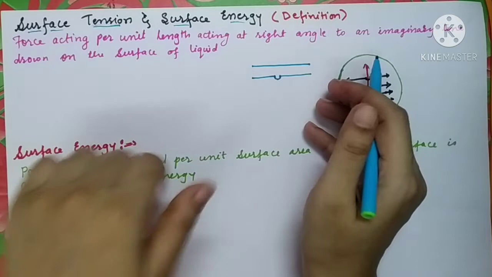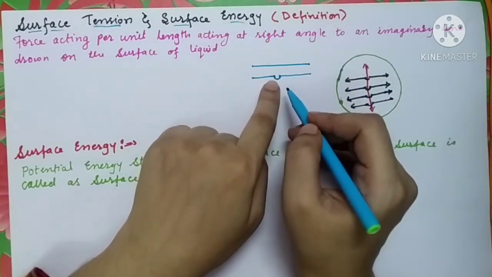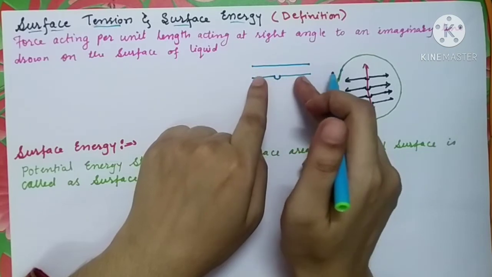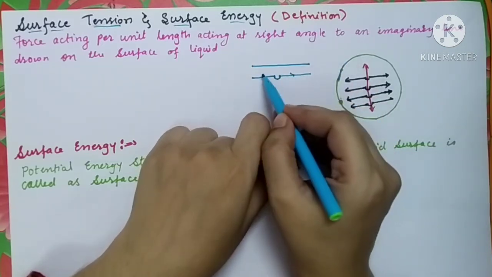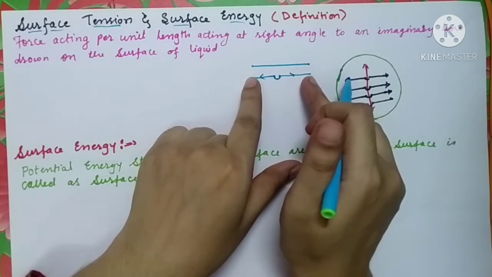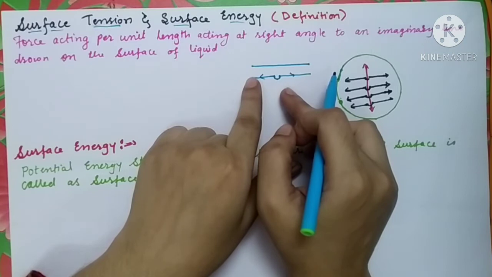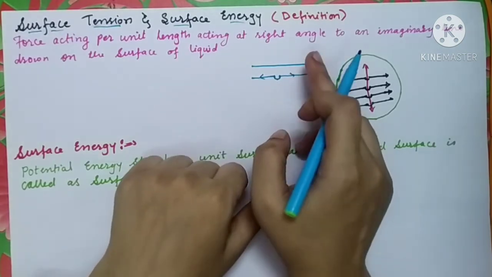So if you want to remove this deformation from the surface, you will need to extend this layer of a liquid from the two sides. You need to stretch it. So you can say that the surface of a liquid is acting as a stretched elastic membrane.